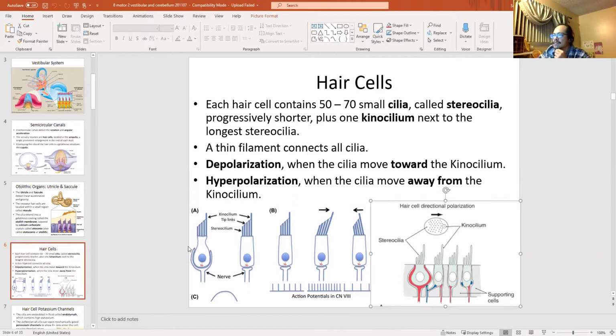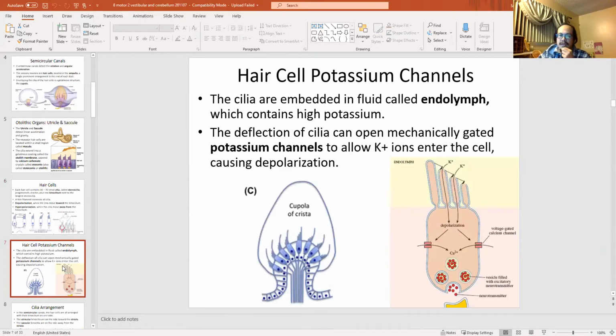So that's that. And then the way that cilia is discharged is by a special potassium channel. These cilia are all embedded in the endolymph. Endolymph contains high potassium. And so the way that it changes its membrane potential is by bending the cilia toward the kinocilia or away from the kinocilia.